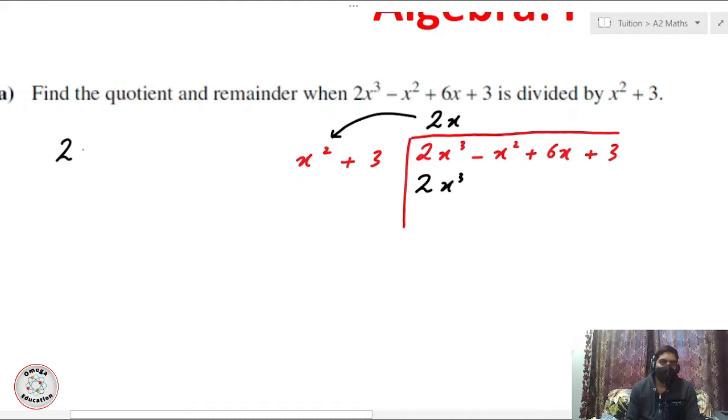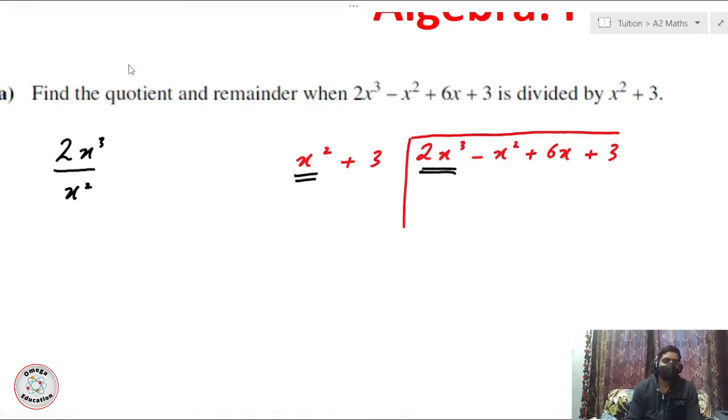You take 2x cubed, place it in the numerator, and divide it by x squared. So you simply take the first thing from here, put it in the numerator, take the first thing from here, put it in the denominator, do some cancellation, and two powers will be cancelled out and you will be left with 2x. So you can safely start with 2x.